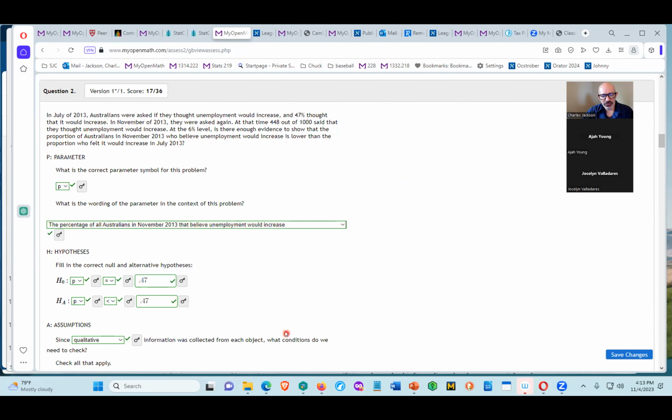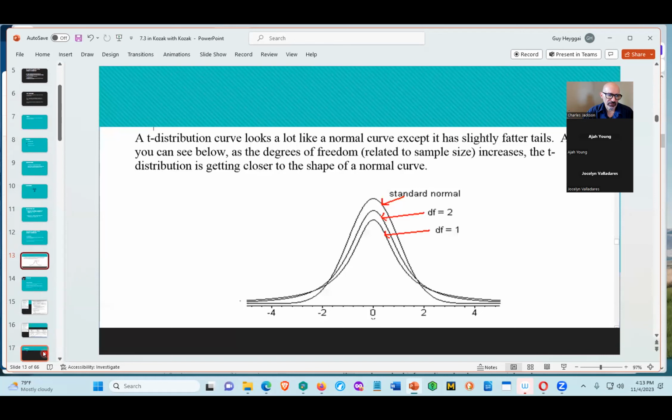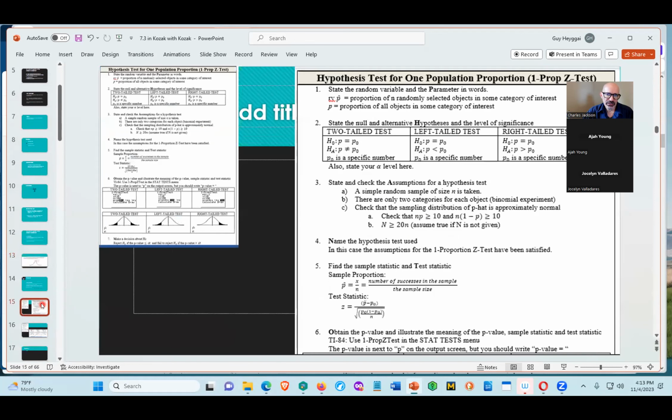So big picture here. We're going through this PHANTOMS process in doing a hypothesis test for P, the population proportion. So it's already kind of fuzzy because everything's P, right? We've got the p-value, we've got population proportion P, we've got P hat, we've got probabilities, and they're all P's.